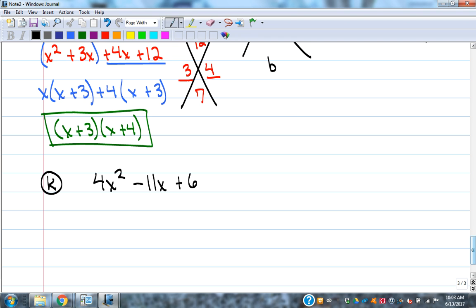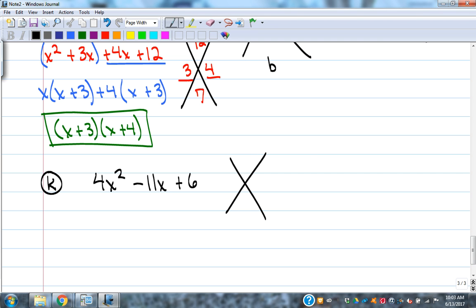Yeah, we got x squared, we got x, we got no x's. Then we look at it and say, okay, is there a GCF across all 3 terms? No, that 11 messes it up. The 4 and the 6 would have got a 2, but the 11 screwed that up, okay? There's always that guy. Now, the next thing to look at is, okay, it's got 3 terms. That means I'm going to do the X method.